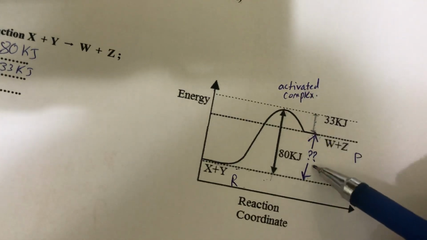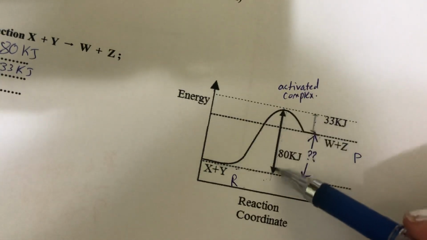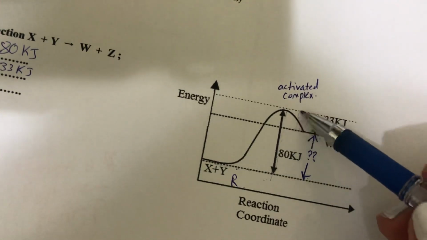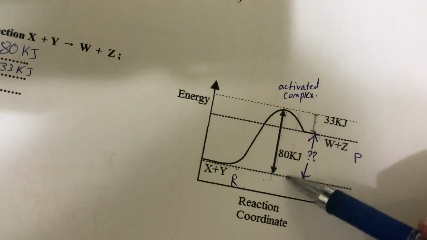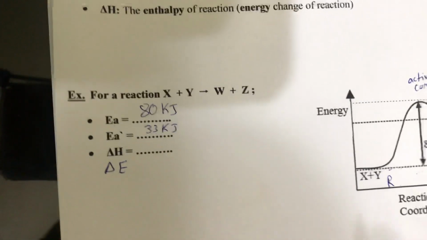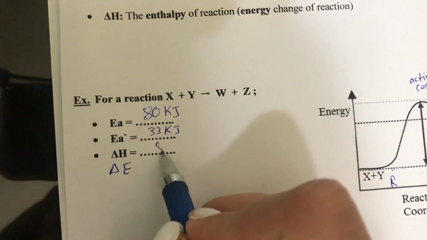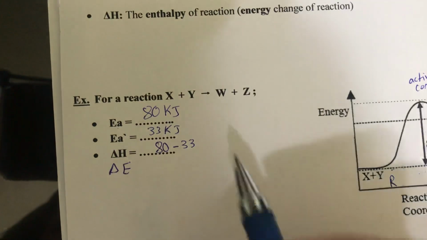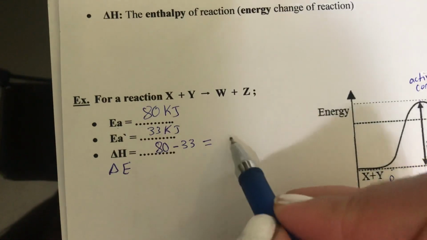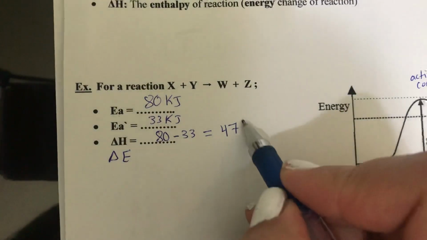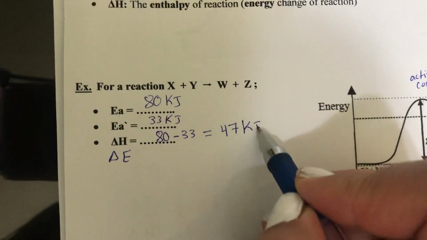So here, you have to subtract 80 minus 33 to get delta H. So here, 80 minus 33, which is equal to 47 kilojoule.